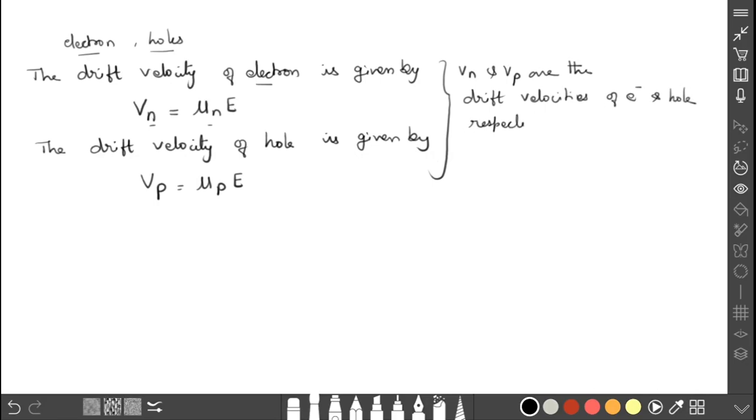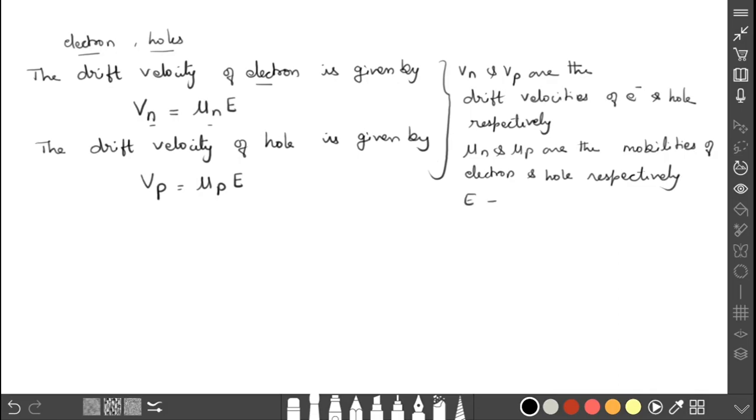Mu n and mu p are the mobilities of electron and hole respectively. And capital E is the applied electric field.